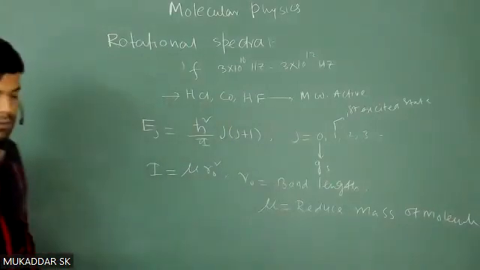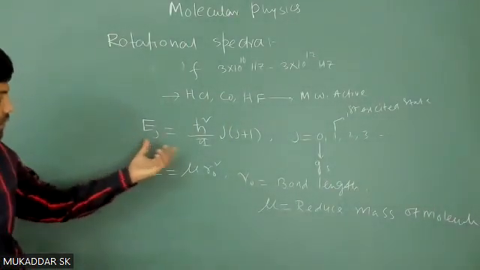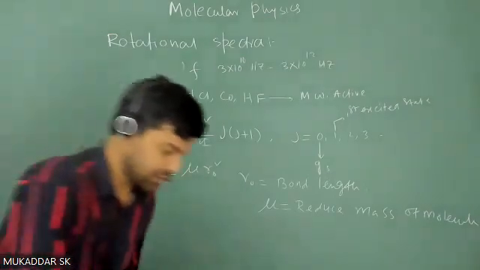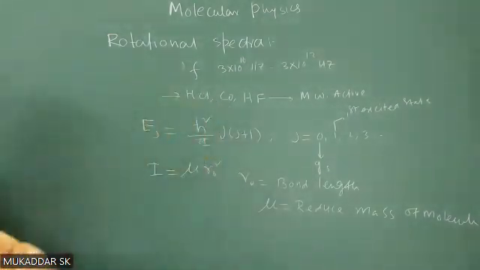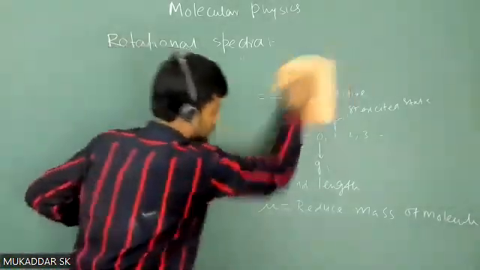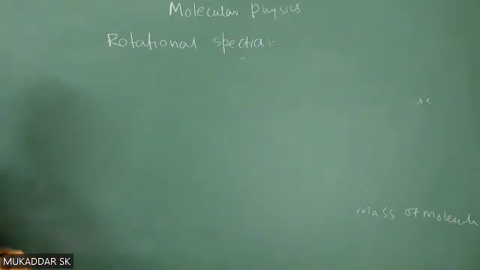Right? So this is the energy in terms of joule or electron volt. This is the rotational energy in terms of joule or electron volt. Now, in rotational spectra, we always calculate that energy in terms of centimeter inverse.